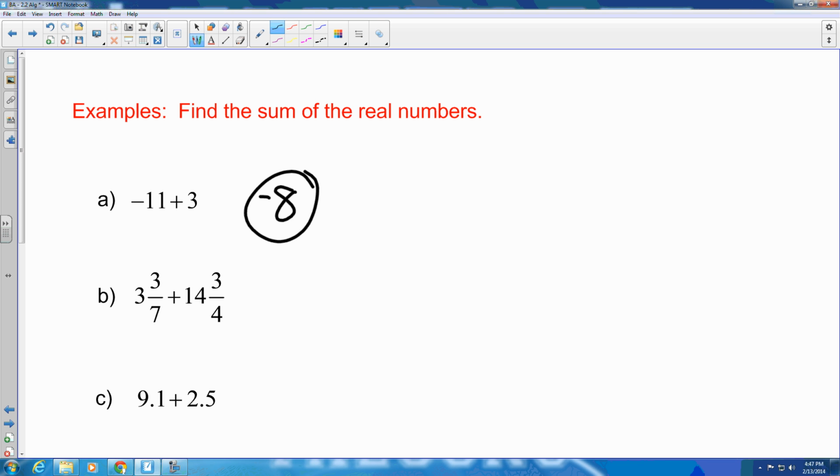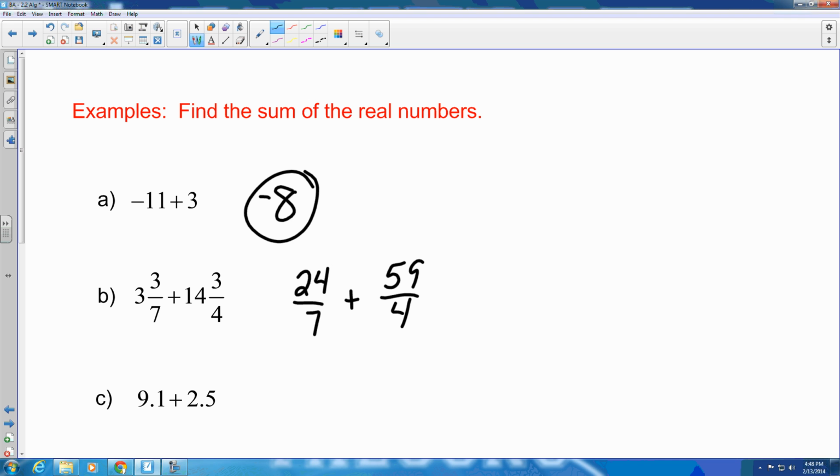For B, it's a little bit different. So now we have fractions. What I want to do is make these into mixed numbers. So the first one, 3 3/7, as an improper fraction is 24 over 7, plus 14 3/4, which is 59 fourths.